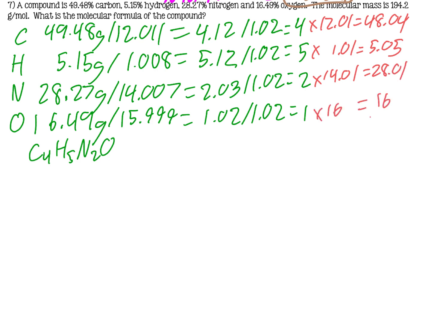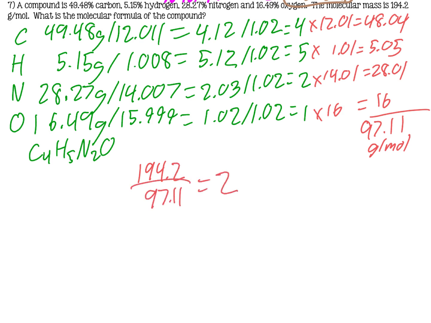Next, let's add up all the masses of the individual elements to get the molar mass of the compound. In this case, 97.11 grams per mole. If we take the molecular mass, 194.2, and divide by the mass of the empirical formula, 97.11, we will get 2. This means that we can take all of our subscripts in the empirical formula and multiply by 2 to get the molecular formula. So our molecular formula is C8H10N4O2.